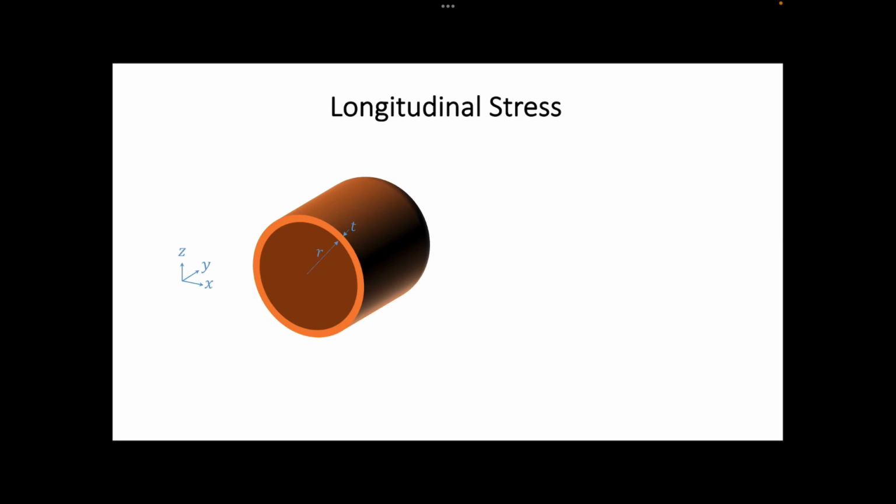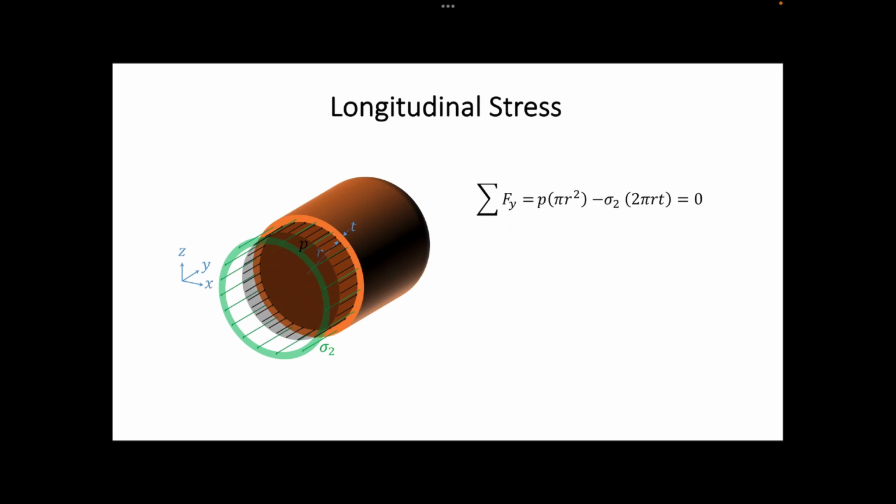The first force in the equation will be the one caused by the pressure. The second force is the resultant of the longitudinal stress. Here is the equilibrium equation in the y direction. From here, we can obtain the equation to find the longitudinal stress.